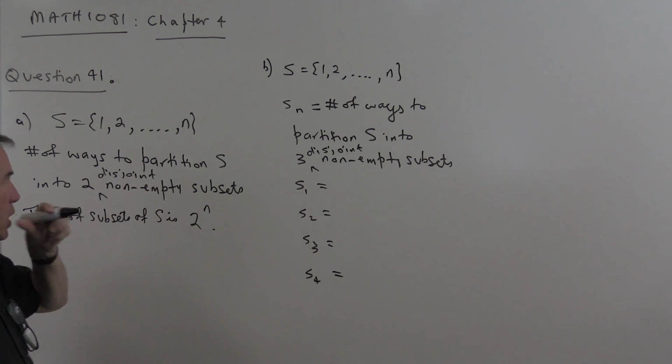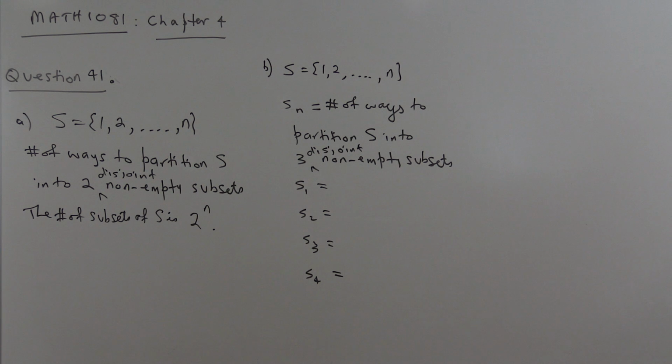If you've got a set with n elements, then the number of subsets of that set is 2 to the n. Now that may include empty subsets as well. We'll worry about that at the moment. So I'm taking my S and I'm splitting it into 2 sets, A and B. So what I do is I take each of my subsets and I plonk them into A and then put B as what's left over.